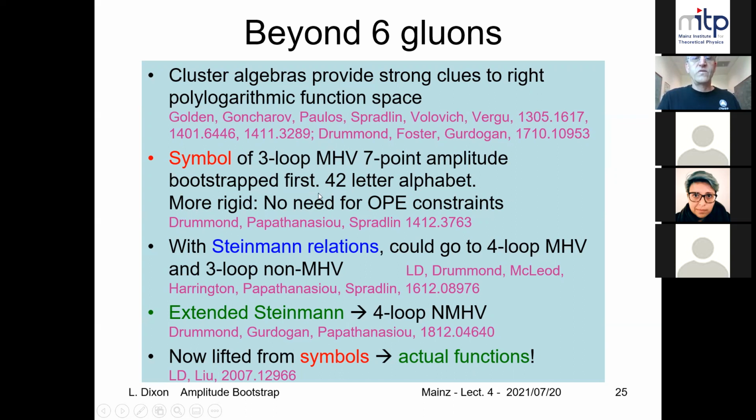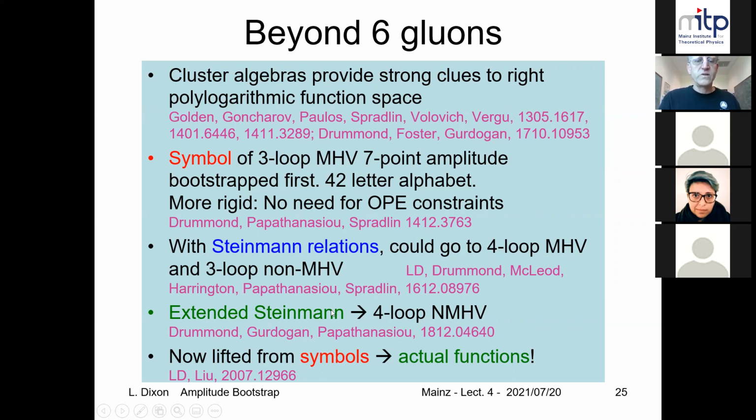a function was found that had the right dihedral symmetry without even needing to apply any OPE or multi-Regge constraints. Now, this was done before the Steinmann relations were applied, but with the Steinmann relations and the existence of a suitable ansatz that didn't have any 3-particle invariance, one could trim the space down further and go to 4-loop MHV and 3-loop non-MHV.